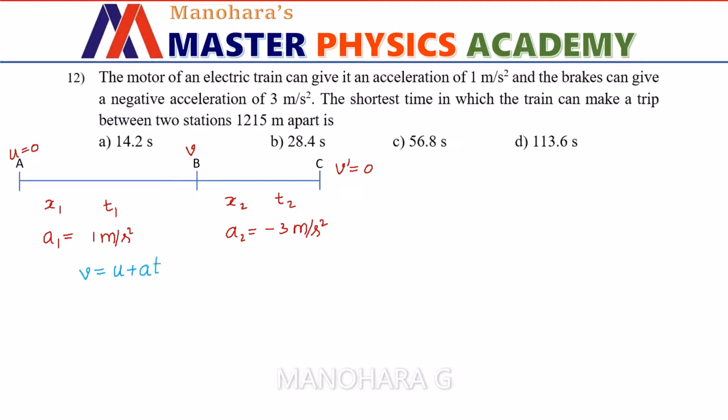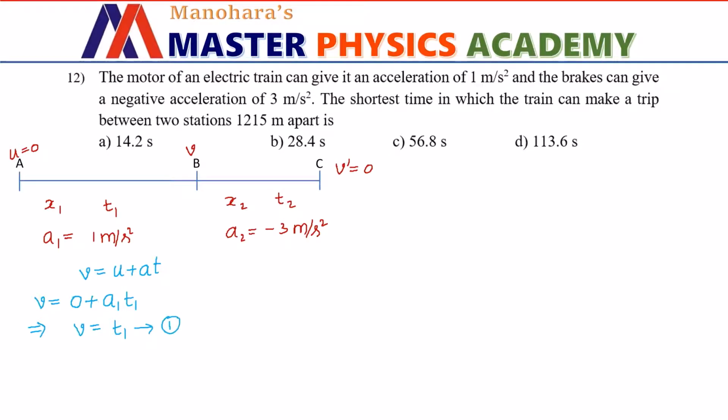Substituting for the first part of the motion, final velocity is v, initial velocity is 0, acceleration is a1, time is t1. Substituting and simplifying, we get v is equal to t1. This is equation number 1.